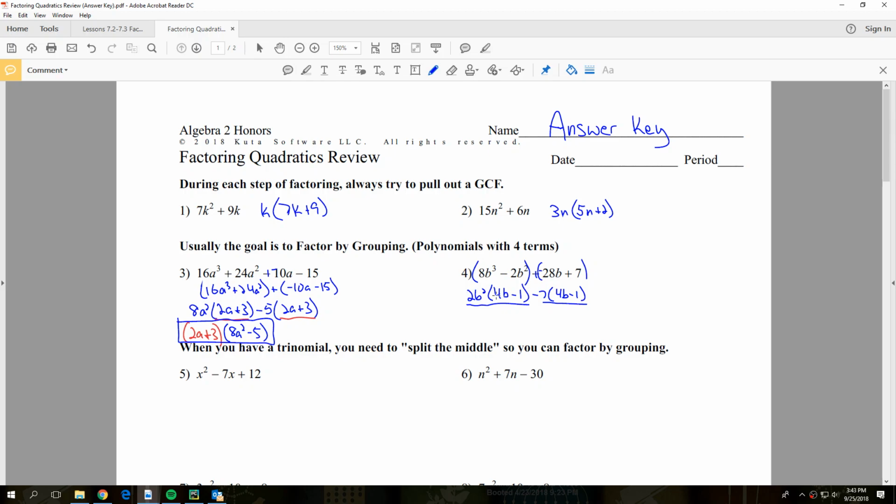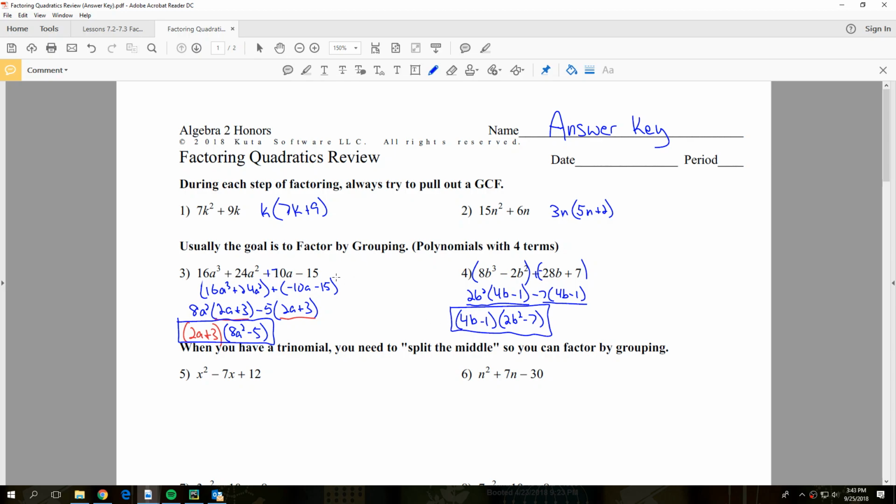You have 2b squared multiplied by 4b minus 1 minus 7 times 4b minus 1. They have 4b minus 1 in common, so we'll pull that out. 4b minus 1. And what am I left with on the inside? Well, 2b squared minus 7. Okay, and there we go. There are our factors.